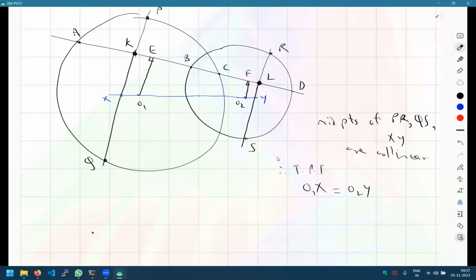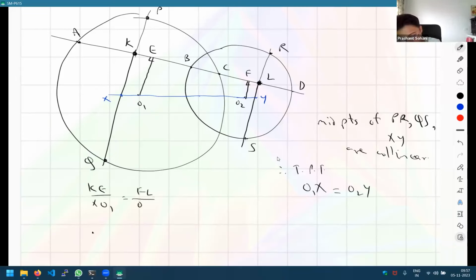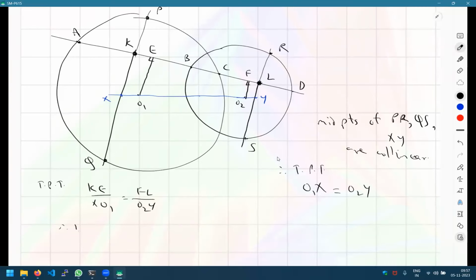I proved that KE upon XO1 is equal to FL upon O2Y. We can prove this by the theorem of three parallel lines. So we have to prove that KE is equal to FL.